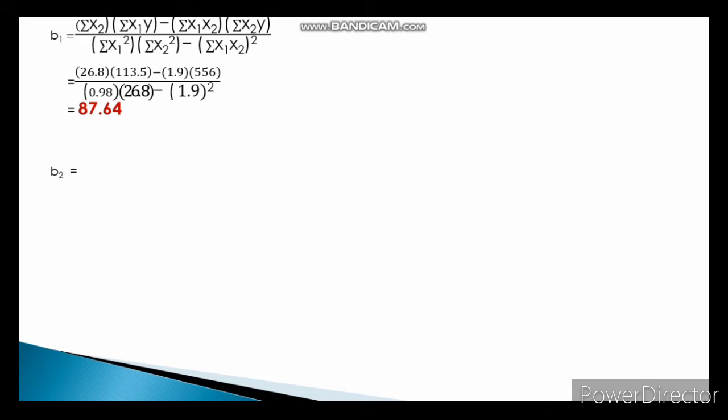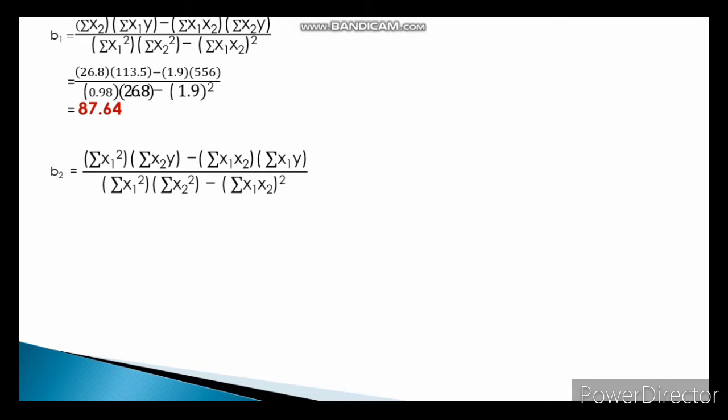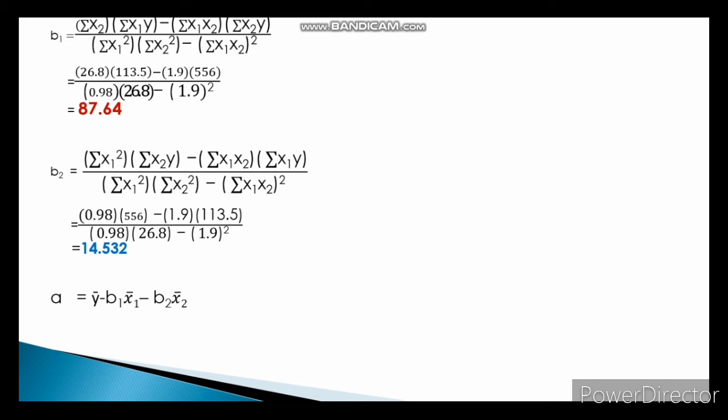Para naman kay b sub 2, isa-substitute lang natin ulit yung mga value nito at ang makukuha natin sagot para sa b sub 2 is 14.532.